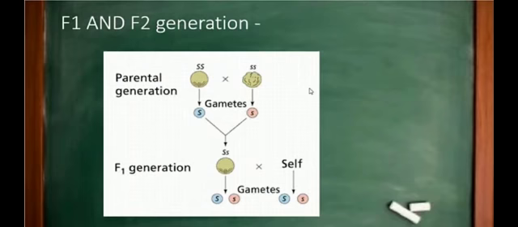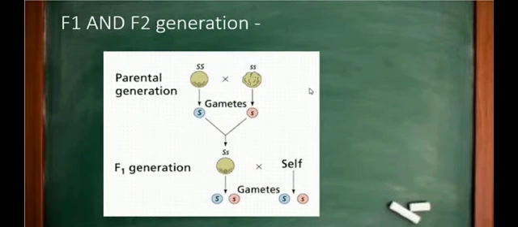Capital S is the male, and it will fuse with the female, that is small s. So the gametes that will be produced will be one capital S and one small s. And when these gametes fuse, the one male gamete and one female gamete, that is one capital S and one small s, they will produce the first generation, that is capital S small s, that is the selfing generation, right?